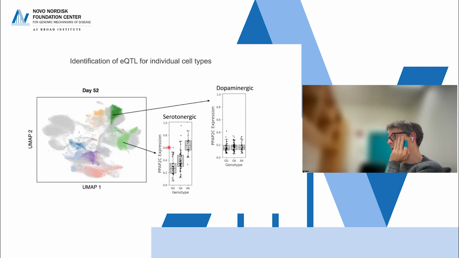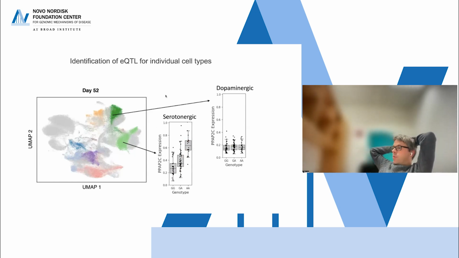Here's one example of a gene, PPA2C, and it doesn't really matter what it is, but this is a coding variant of this gene in the promoter, actually. And we are asking now, how do different allelic states, so every dot here is basically a person, and we're collapsing all the cells from a particular donor of origin, and how does the genetics correlate with the expression phenotype? In this case, there is an association, and there's no association in these other cell types.